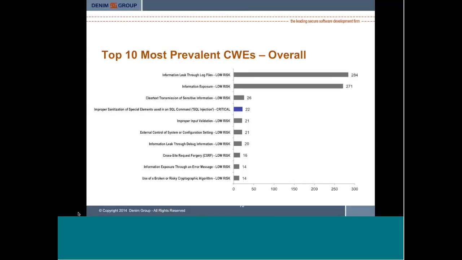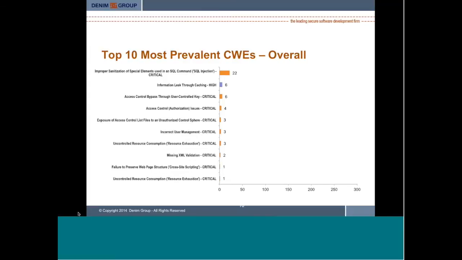And so overall, these are the most common vulnerabilities that we identified as a part of these assessments.